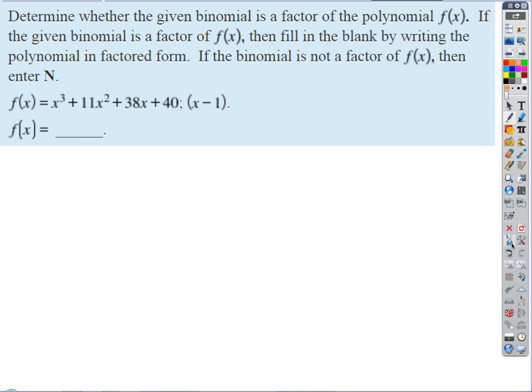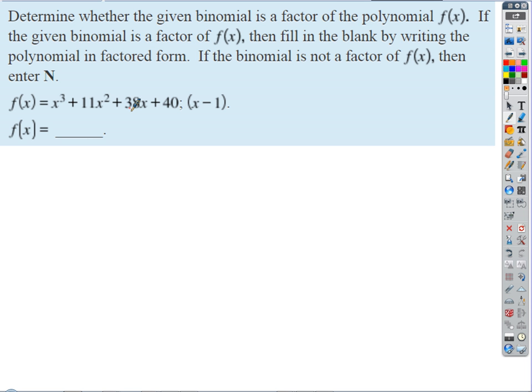If it's not, then we just put in n and go on to the next problem. Because look what the instructions say: if the binomial given is a factor of f of x, then keep going. If it's not, then we're going to just enter n. But let's think about that language for a second. We're going to check to see if x minus 1 is a factor of f of x.